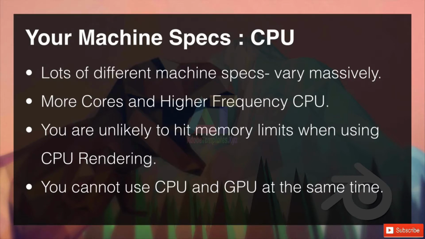So if you've got an 8-core 4 GHz processor, it's going to be faster than a dual-core 3 GHz processor. Simple as that. You're unlikely to hit any memory limits when using CPU rendering, because if your system runs out of memory, it often goes on to virtual memory, but we won't delve into the details of that at the moment. It is important at this point to know that you cannot use CPU and GPU rendering at the same time in the same instance of Blender.